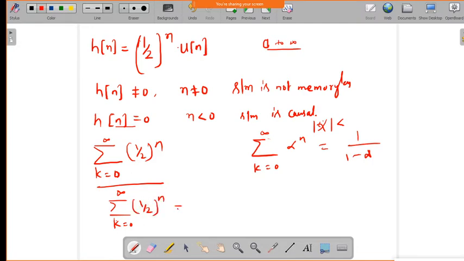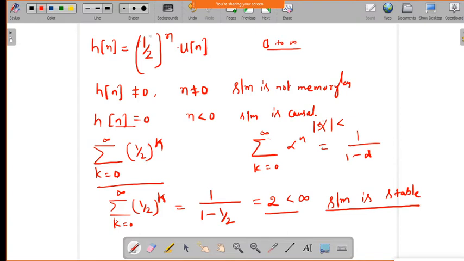This will be equal to 1 over 1 minus half, which is equal to 2, which is less than infinity. So the system is stable.